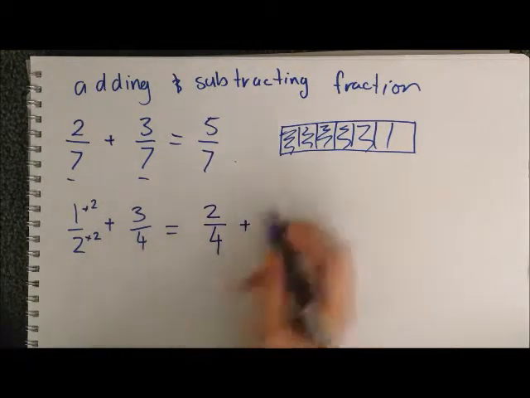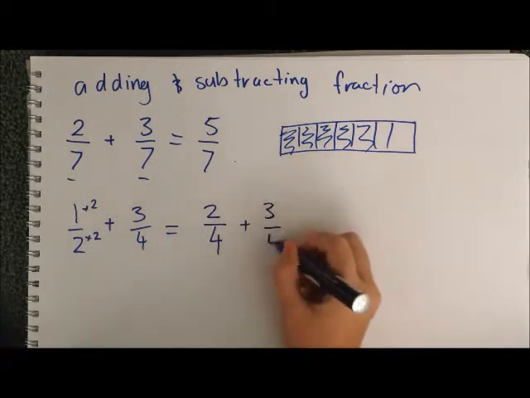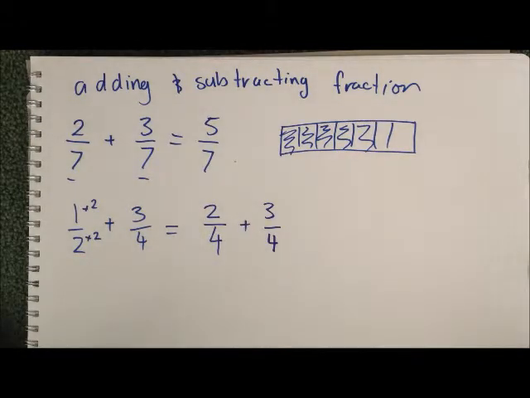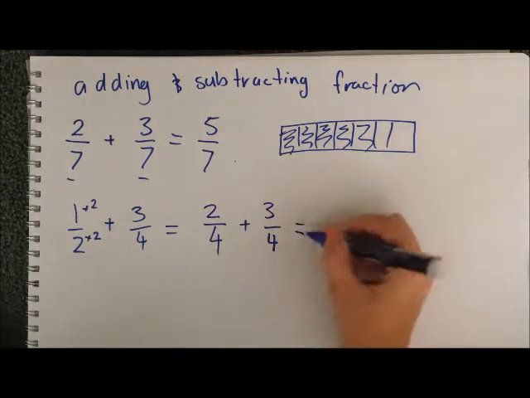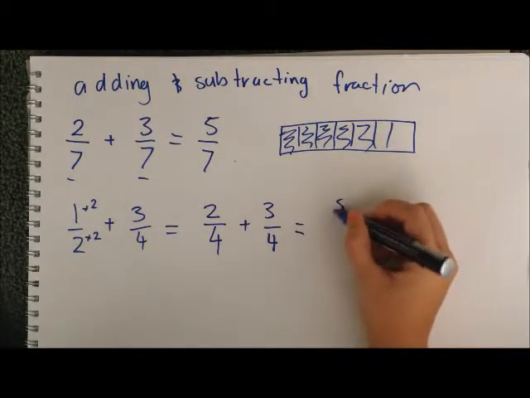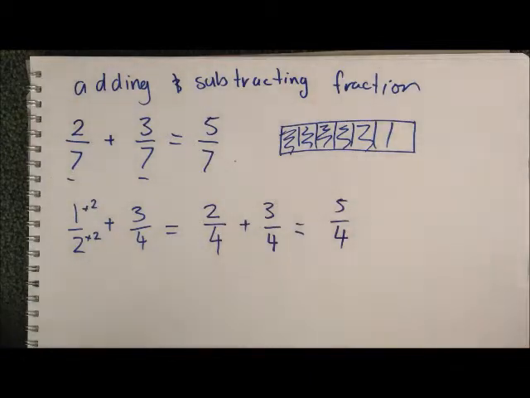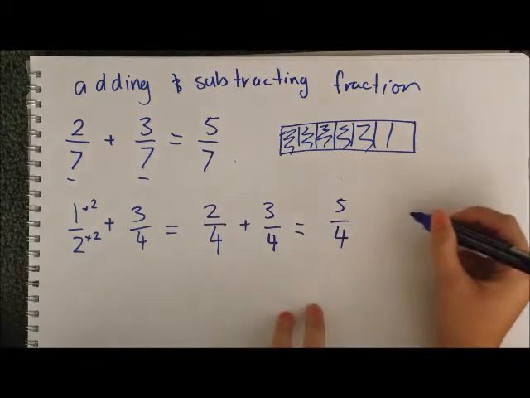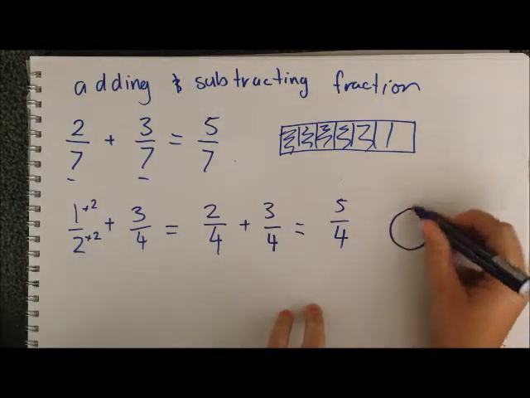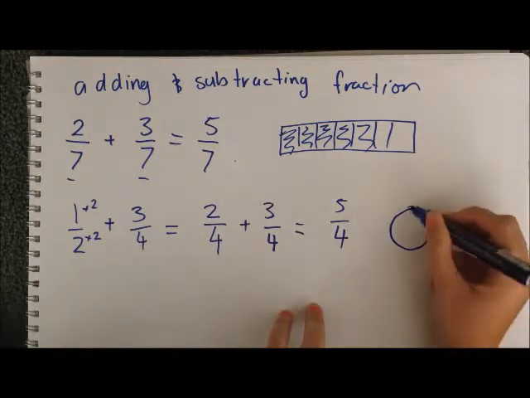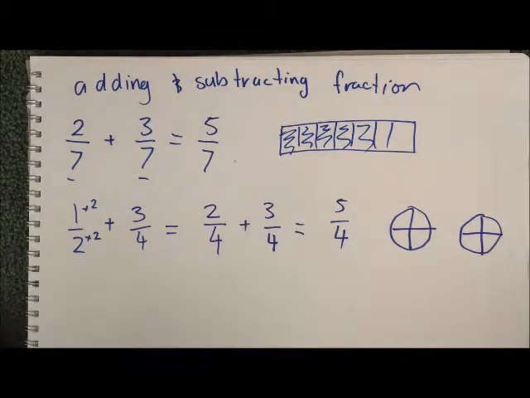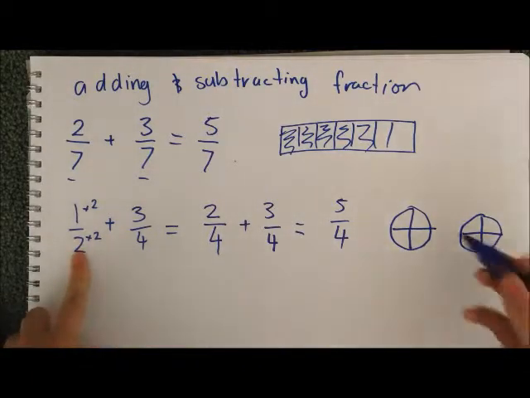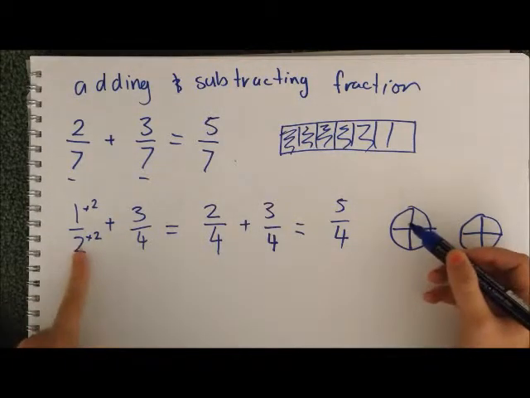Plus the other term, 3 on 4. And then it's just like the first one. See, we've got same denominators, which will be equal to 5 quarters. Let's draw this one up. Say you've got 2 pizzas divided into quarters. So you've got half to start with over here.